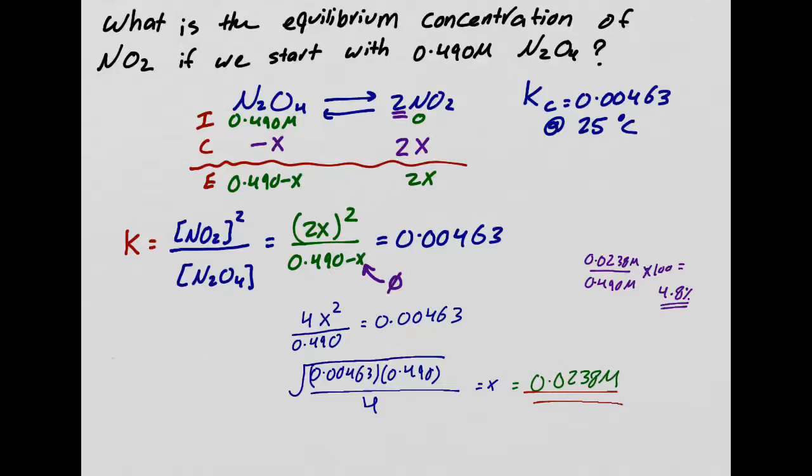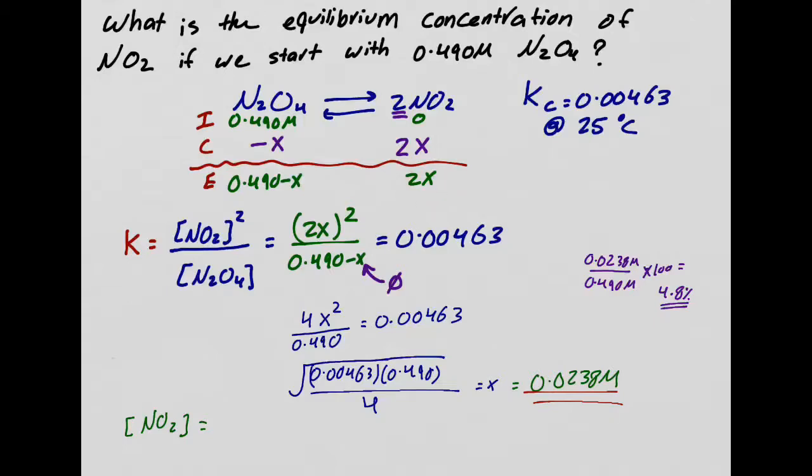Our problem was, what is the equilibrium concentration of NO2? Okay, so we have x, right? Now we want to know what is the equilibrium concentration of NO2. We know x, and at equilibrium, NO2 is 2 times x.